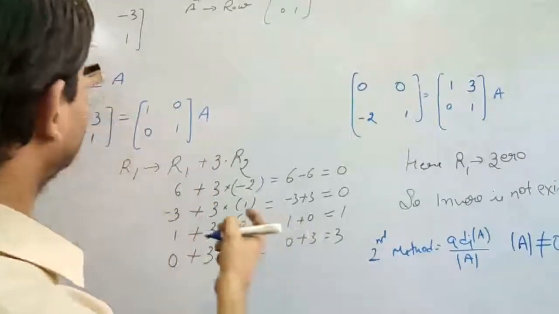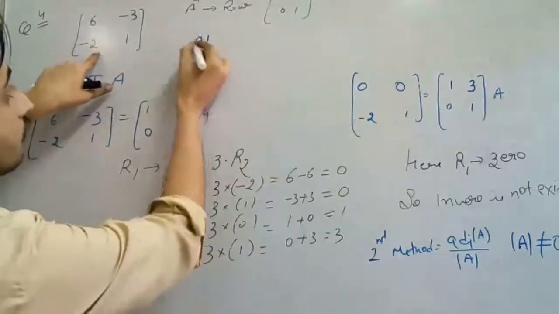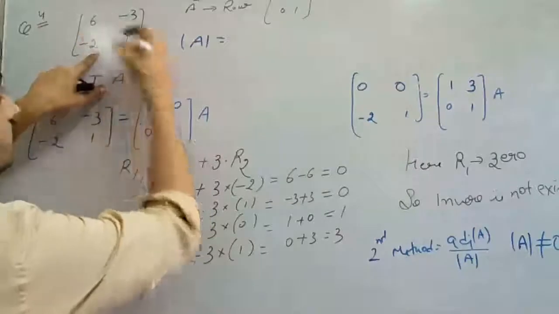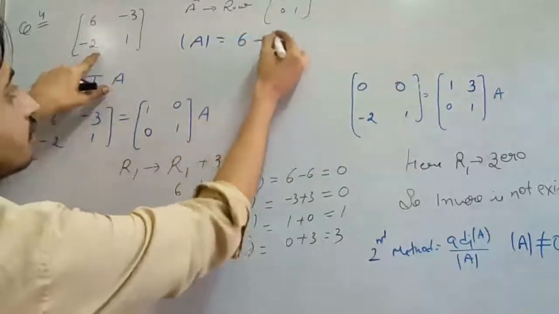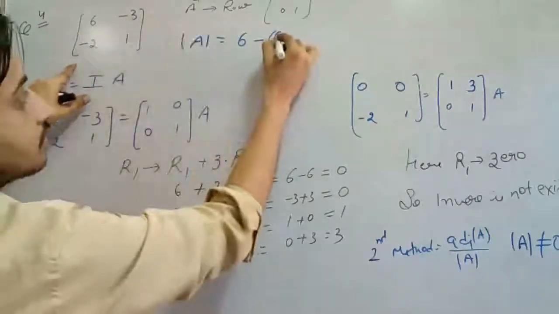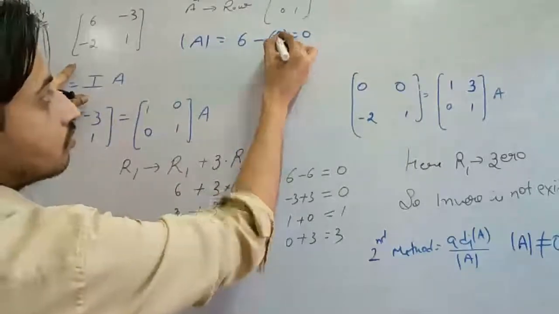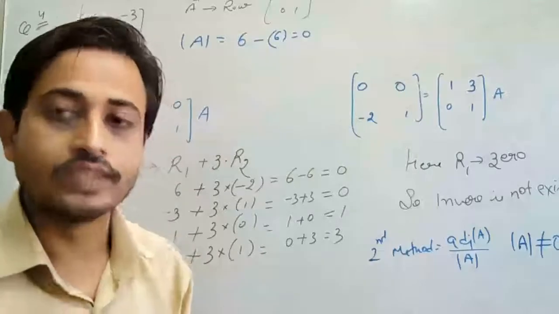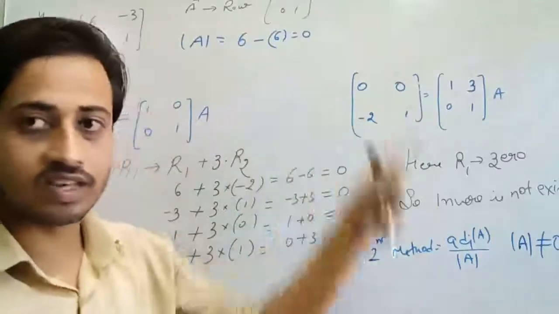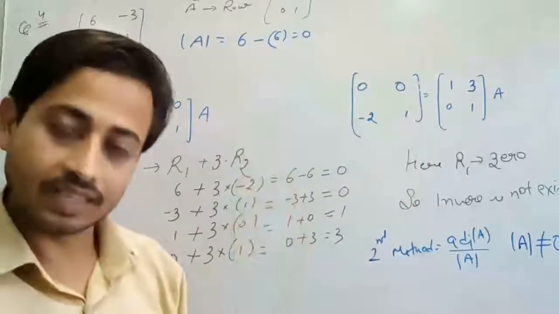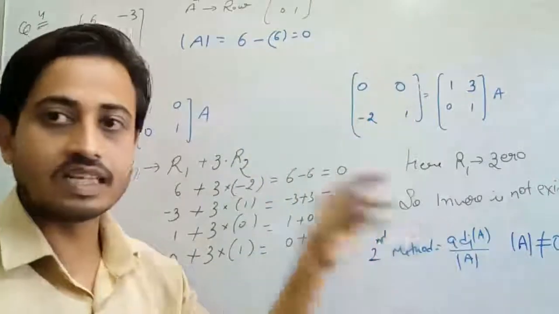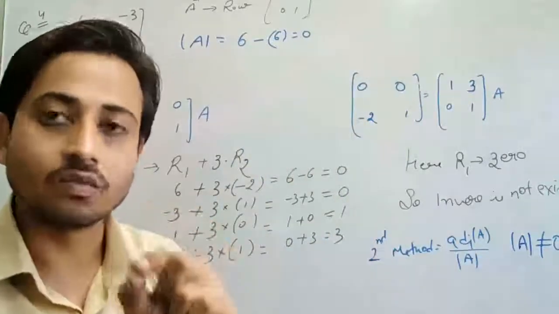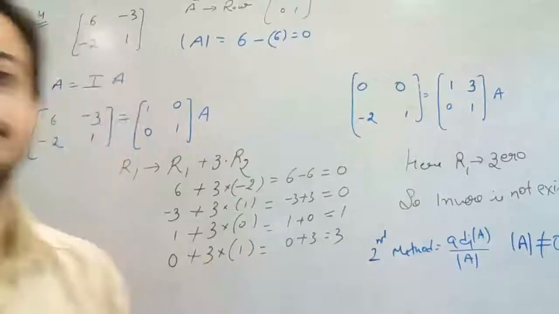If we solve this, the determinant of A is 1 into 6, 6, minus 2 into minus 3, 6. We get 0. So the determinant of A is 0. This is the verification method. Our answer is correct. For such questions, A inverse does not exist. Please make a note.